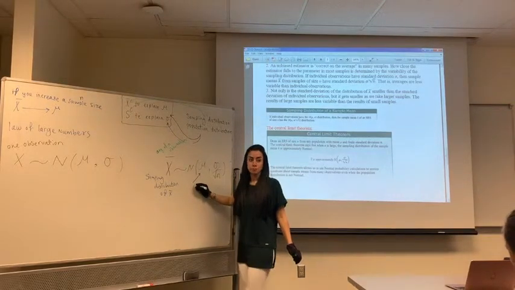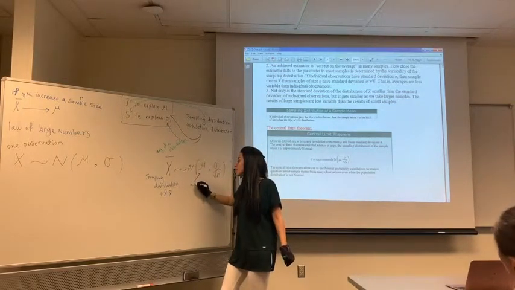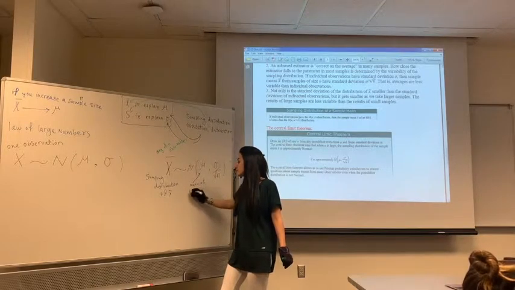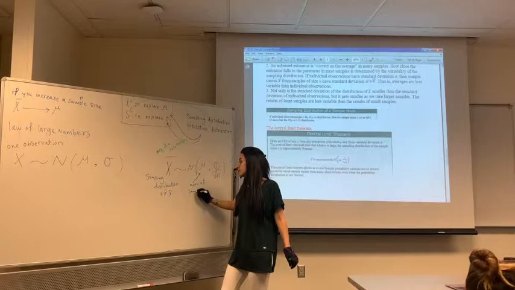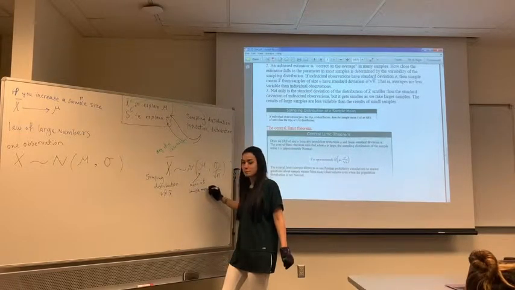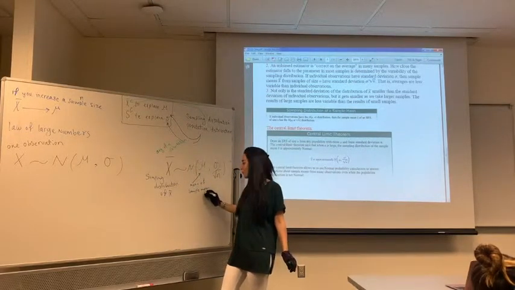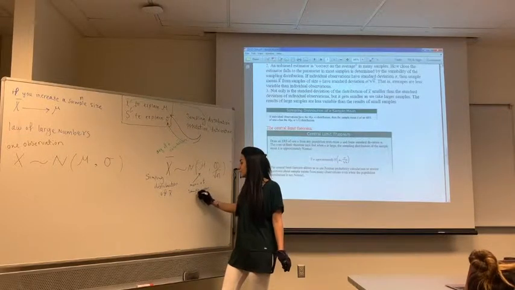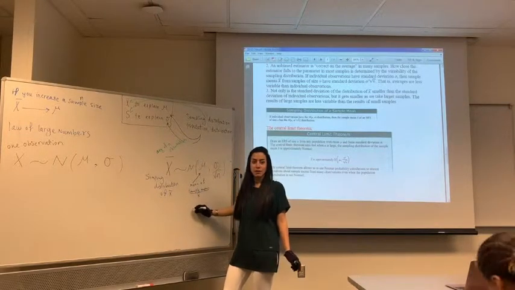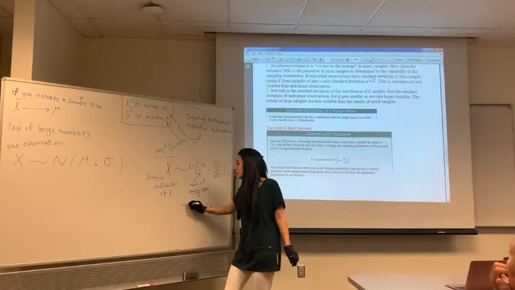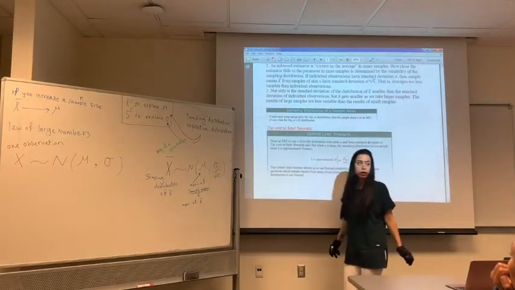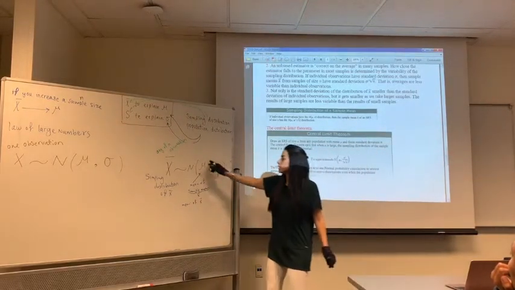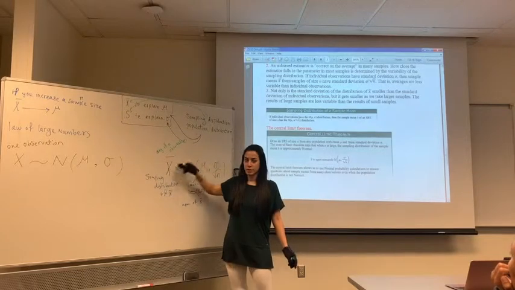This mu is the mean of the sample mean. It's difficult to understand, but if you just pay attention, you know the sample mean is X bar, right? I just wrote down mean of X bar. Correct? So this is the mean of X bar.